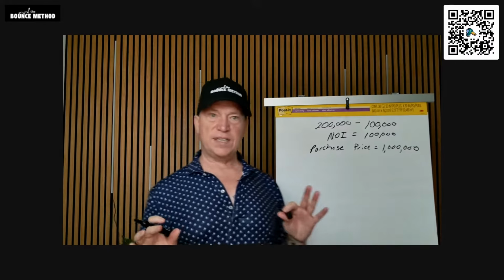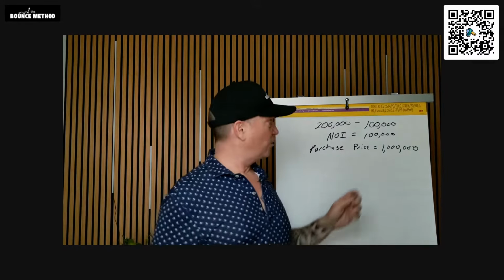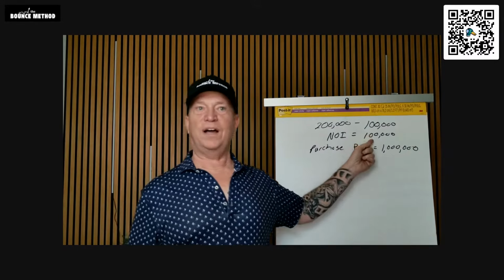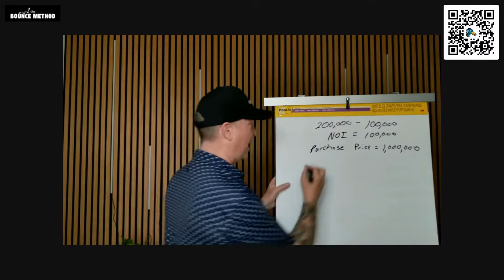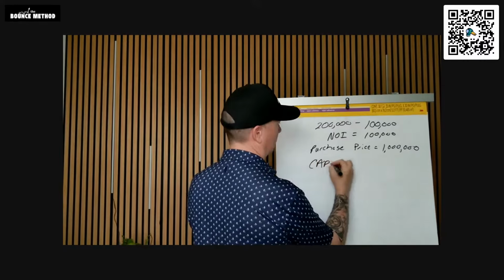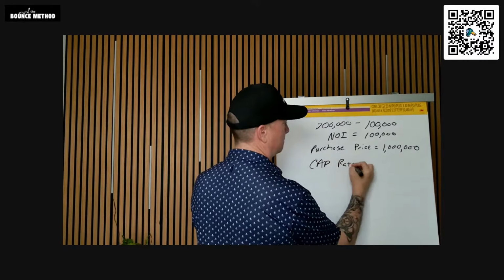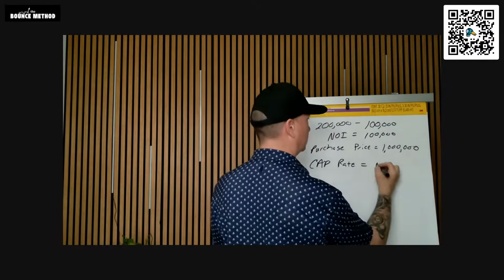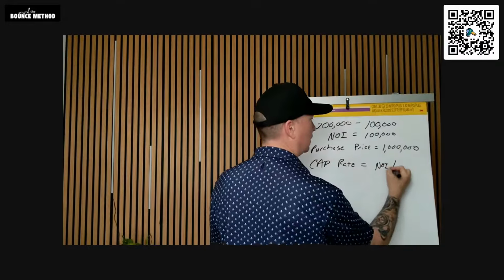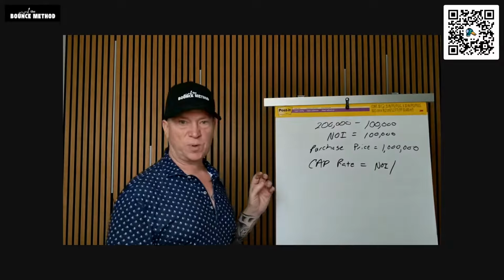Okay, we're starting to see things come to life here. Now, remember, we actually made $100,000 for our NOI. Now, cap rate is simply dividing the NOI. Now, stay with me here. Cap rate is equal to my NOI divided by my purchase price.